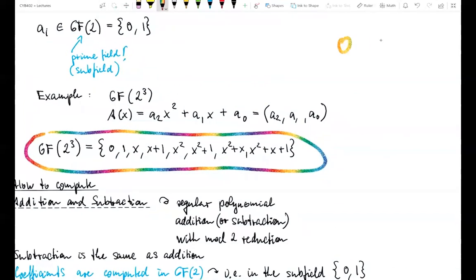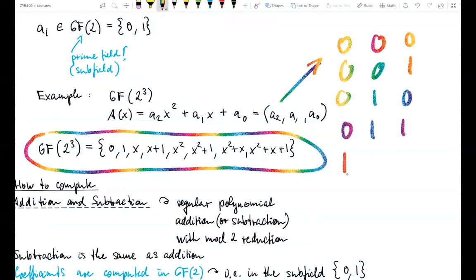You start out with a bit pattern for the different coefficients: 0, 0, 0, then 0, 0, 1, then 0, 1, 0, 0, 1, 1, then 1, 0, 0, 1, 0, 1, 1, 1, 0, and 1, 1, 1.